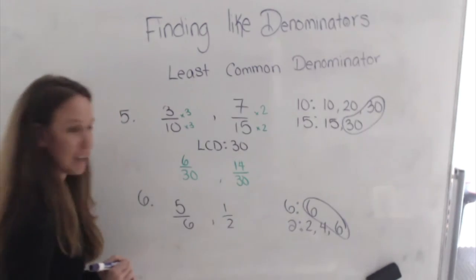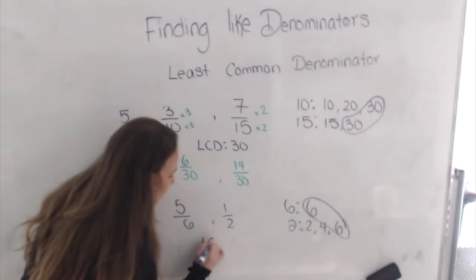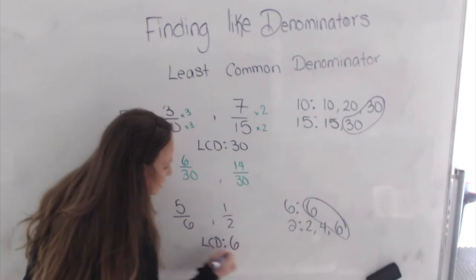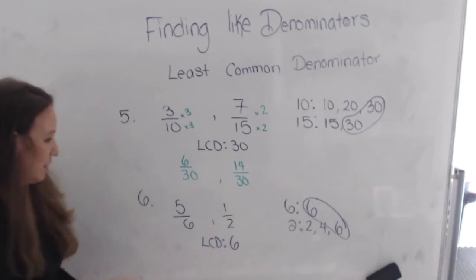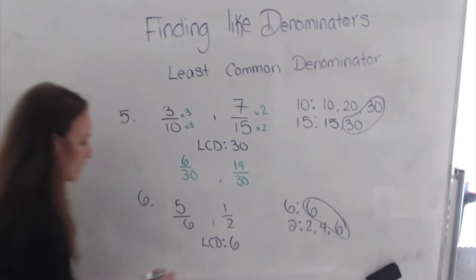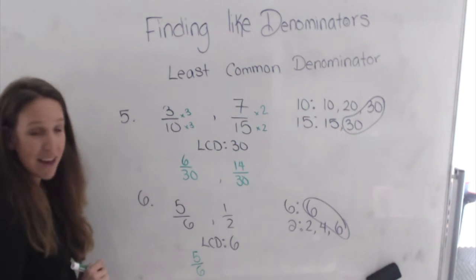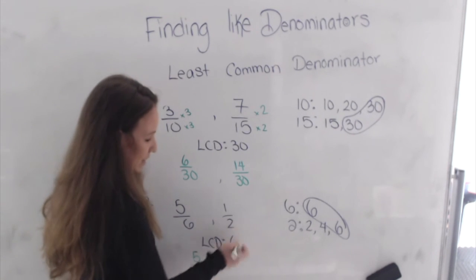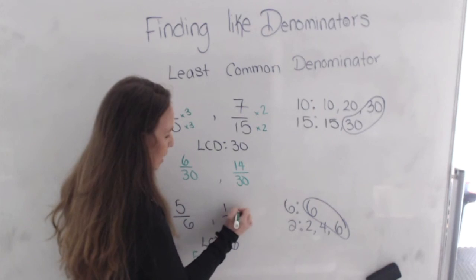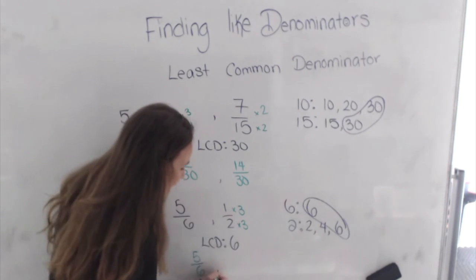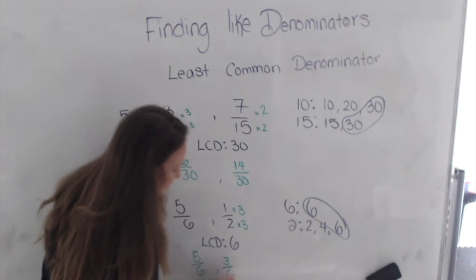Well, that made that nice and easy. So my least common denominator is 6. So this already has a denominator of 6. So I'm just going to copy it right over. But to make 2 become 6, I multiply by 3, I multiply by 3, and I get 3/6.